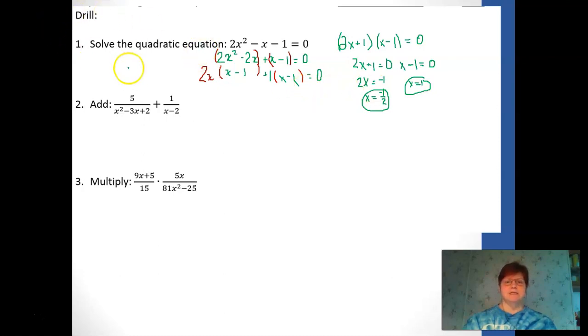Okay? So our next problem said to add. In order to add, we have to have a common denominator. To get a common denominator, the first thing we need to do is factor. Since this has an x minus 2, I'm pretty confident the other denominator will too. So I'm going to factor that, and it's going to be x minus 2.